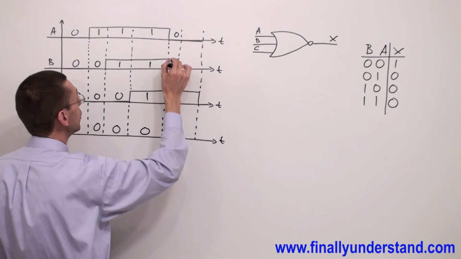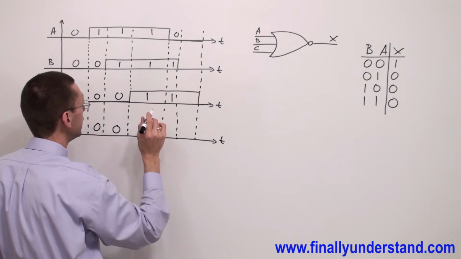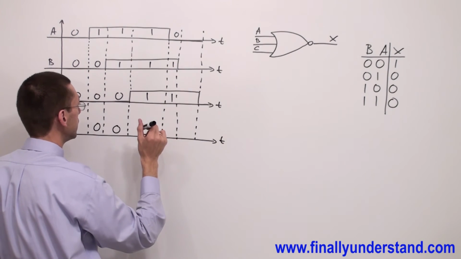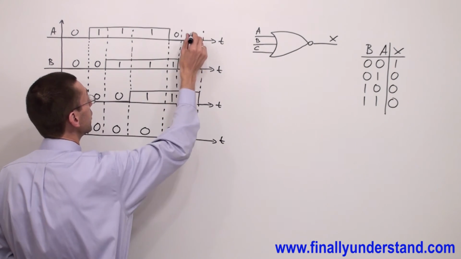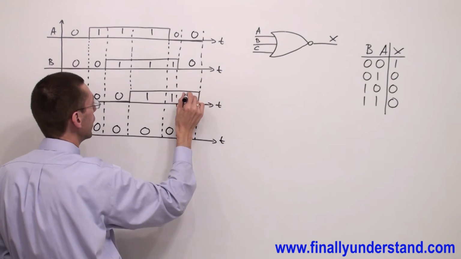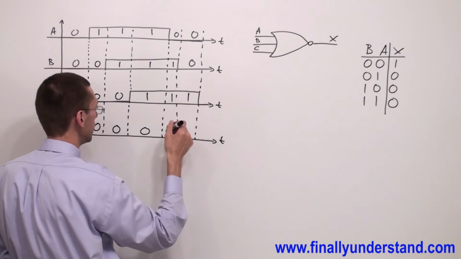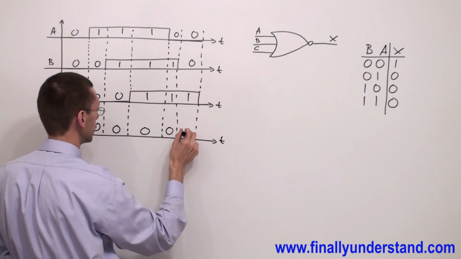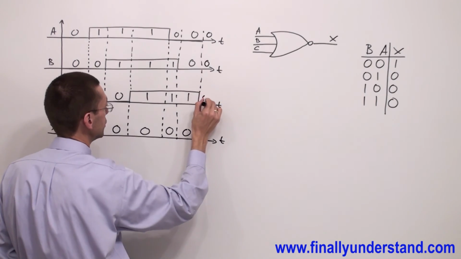We have 0, 1, 1. Again, any high at any input gives me 0 at the output. And I have 0, 0, 1 again. If I have at least one high at the inputs, output is going to be 0. Next we have 0, 0, 0.